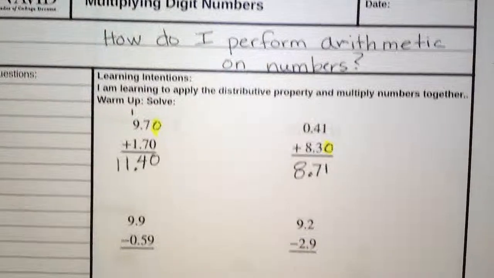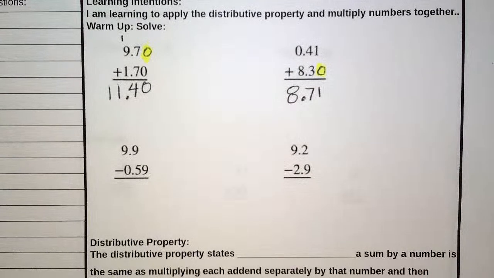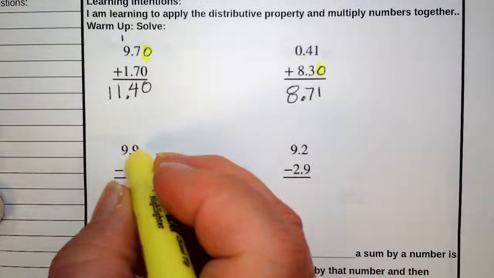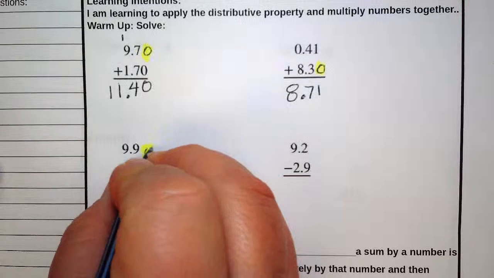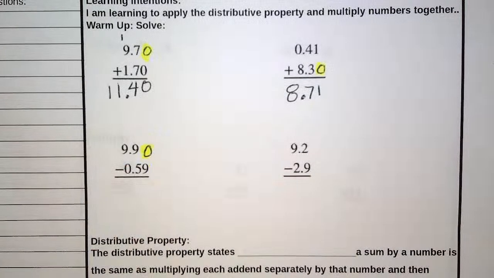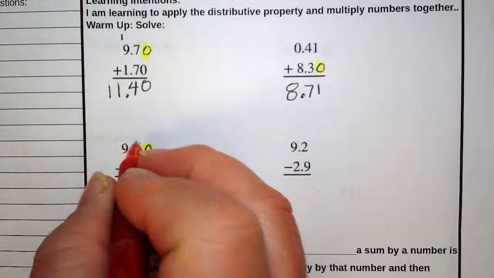For the next two, we are subtracting. Once again, if you have an open spot, you need that placeholder. For the first one, I need a placeholder. But I quickly see that I cannot take 0 minus 9. I've got to borrow 1 from this 9.